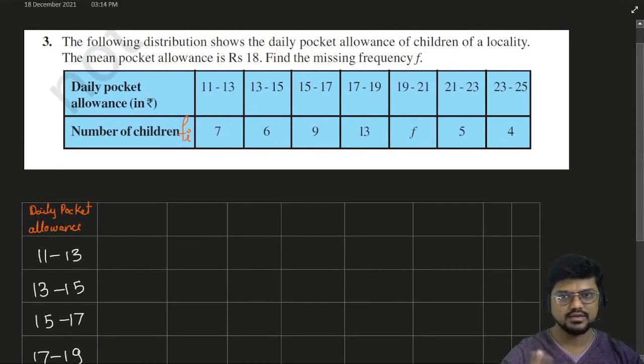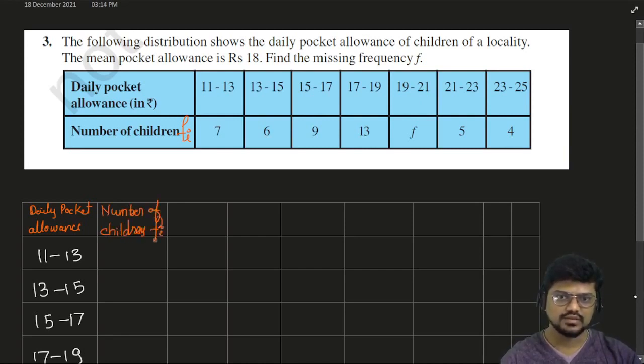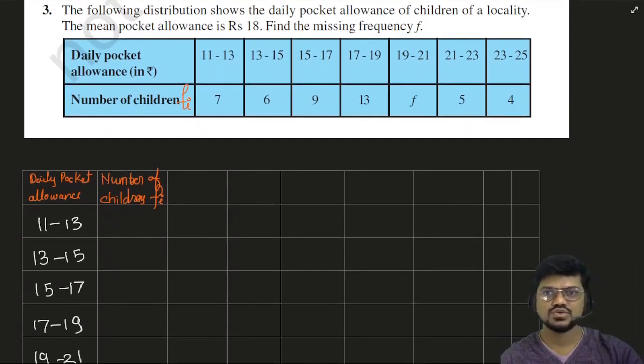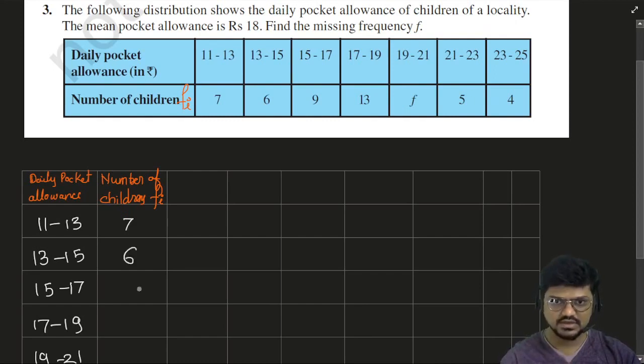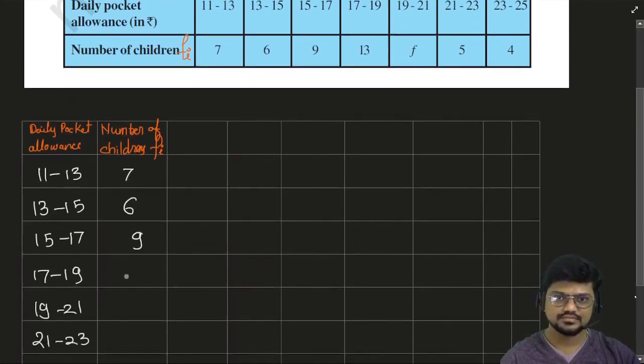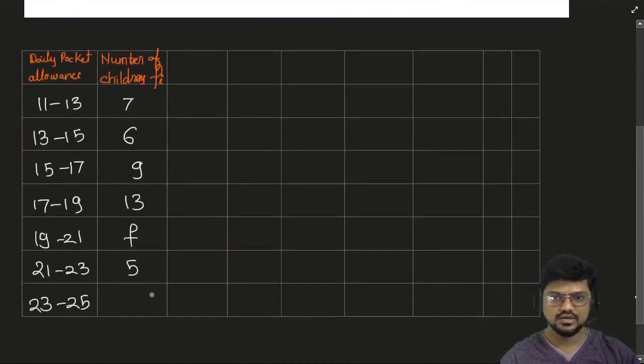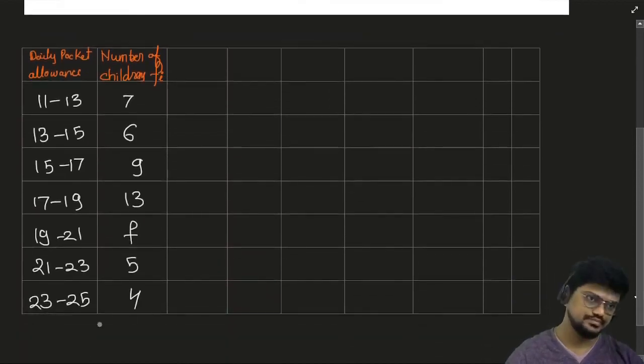Fine, this is what you had, and they have also given the number of children, that's your fi. That is 7, 6, 9, 13, f, 5, and 4.